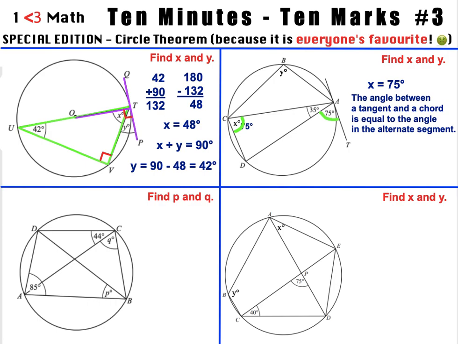Now, when you've got a cyclic quadrilateral, that's a quadrilateral within a circle where each point of the quadrilateral touches the circumference. So here's our cyclic quadrilateral. Now, the opposite angles in the cyclic quadrilateral add up to 180 degrees.